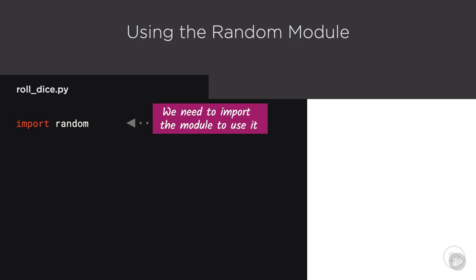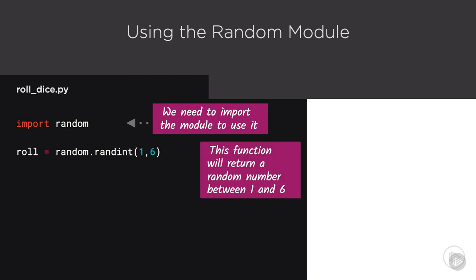And we can use this multiple times to import many different modules for extra functionality in our programs. Once we have random imported, we can call random.randint with the numbers 1 and 6 as arguments. According to the docs we just saw, this will return a random number between 1 and 6. And we're going to assign whatever number it returns to the variable roll.